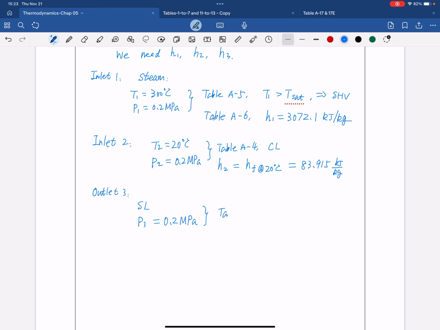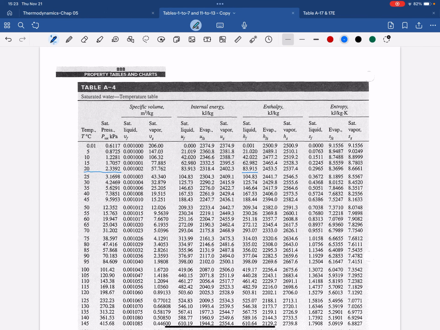We will use table A5 since P3 is given. Go to table A5, 200 kilopascals, and that's the saturated liquid.